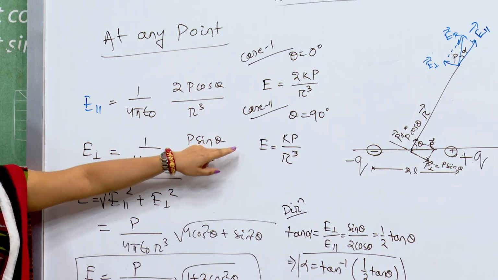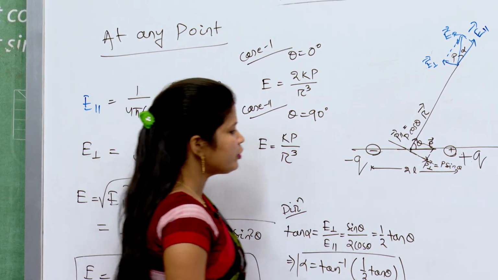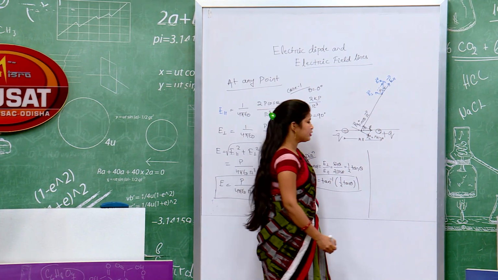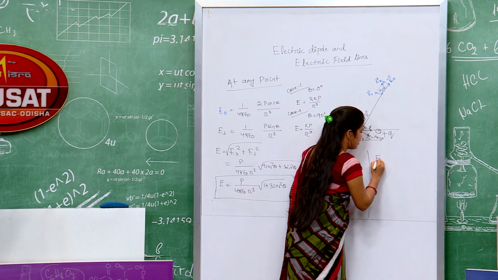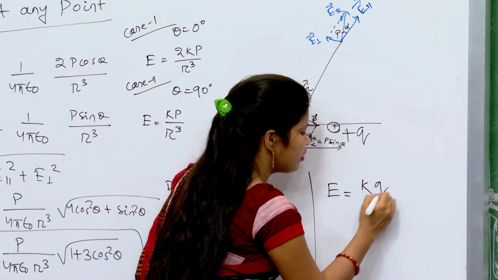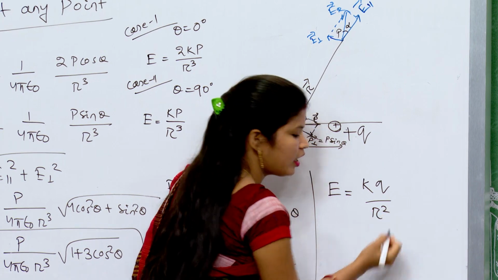Students, you know that the electric field intensity due to a point charge is E equal to k Q upon r squared.